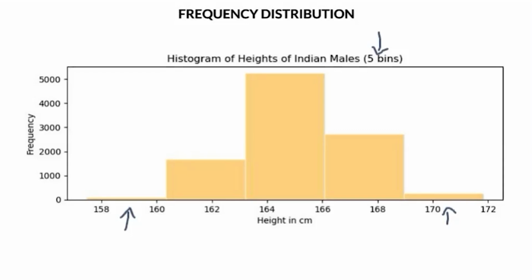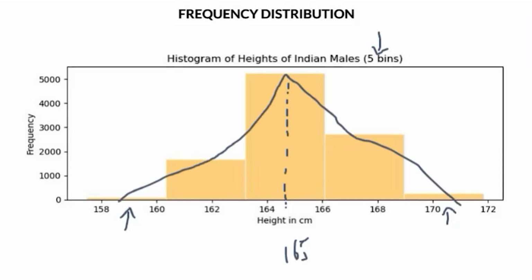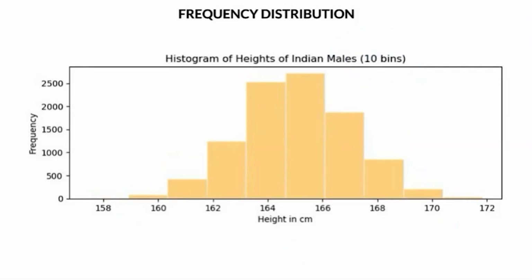And as you get closer to the mean, which I think we mentioned was 165 centimeter, there seems to be some pattern, right? You can actually draw some kind of line like this. Now at this stage, with 5 bins, the pattern is not obvious. So let us increase that to 10 bins.